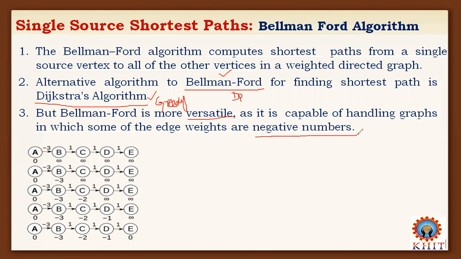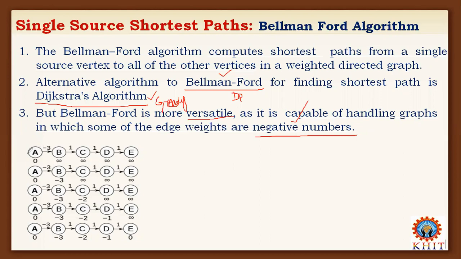That means the Bellman-Ford algorithm, or the dynamic programming technique, can be used to solve the single source shortest path problem even if the graph contains negative edges. But Dijkstra algorithm cannot support solving graphs that contain negative edges. That is the main difference between Bellman-Ford algorithm and Dijkstra algorithm.